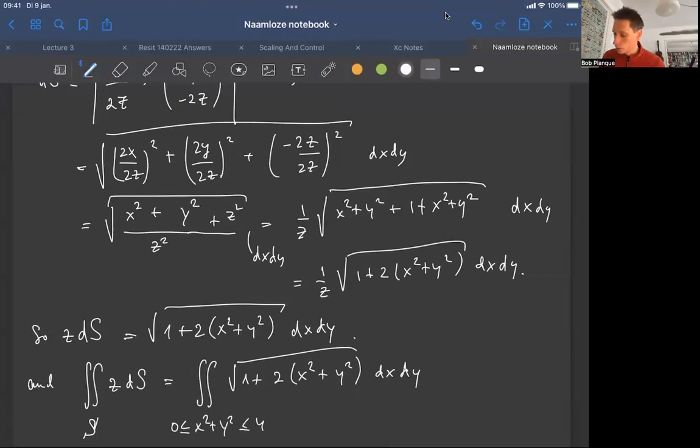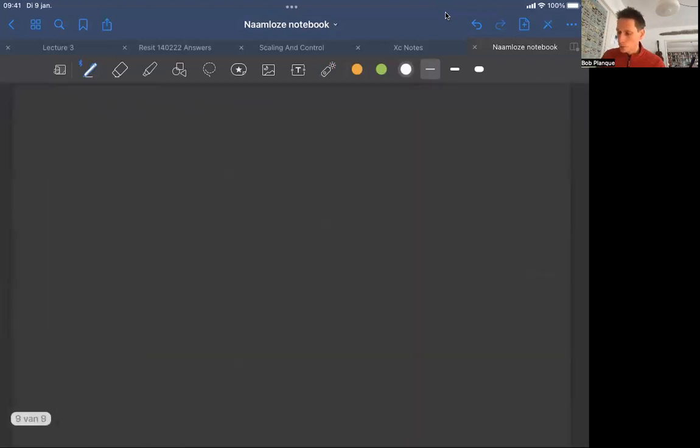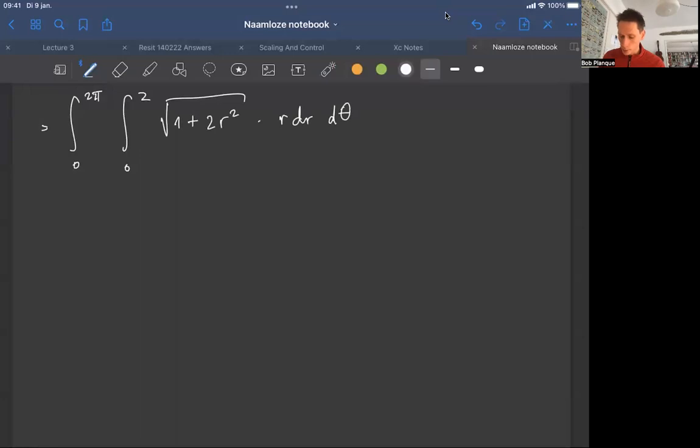And now we should be back to familiar ground, because this is again a circular domain. So we switch to polar coordinates. And so this is 0 to 2 in this case, because the circle is radius 2, square root of 1 plus 2r squared. And the dx dy again becomes the element in polar coordinates, which is r dr d theta.